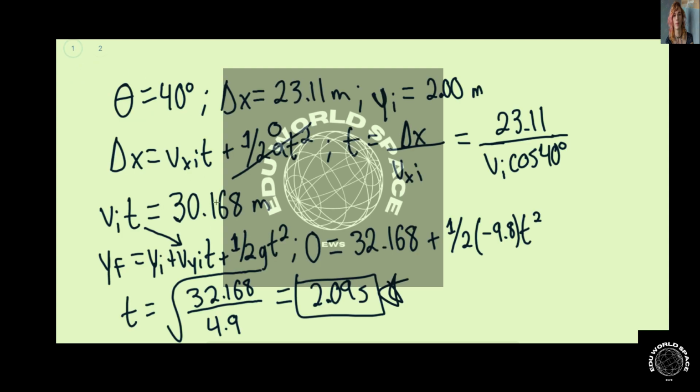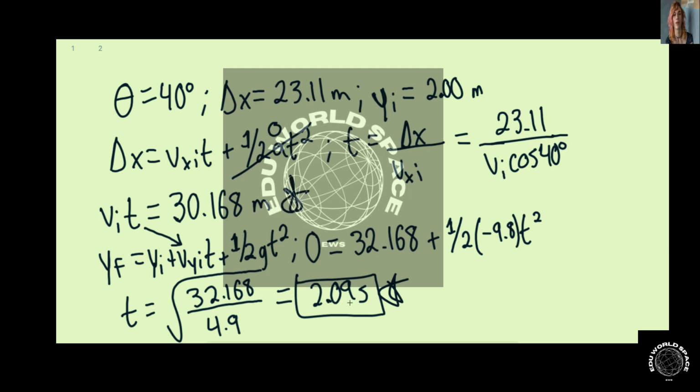And so we can say that v initial equals, again, delta x divided by v initial. Oh, rather, a better way to solve this would actually be to use this equation.